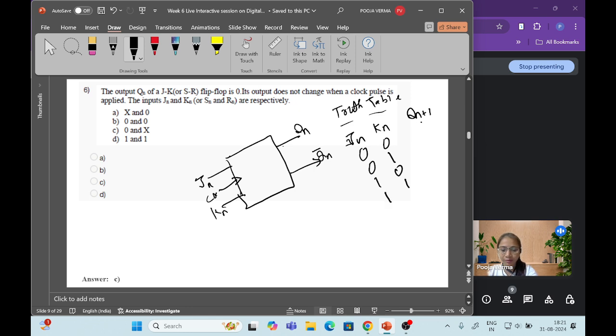So what will be the output? No change in the output when the inputs are 0 0. For 0 1 it resets, for 1 0 it sets, and if both inputs are 1, then it will toggle, right?